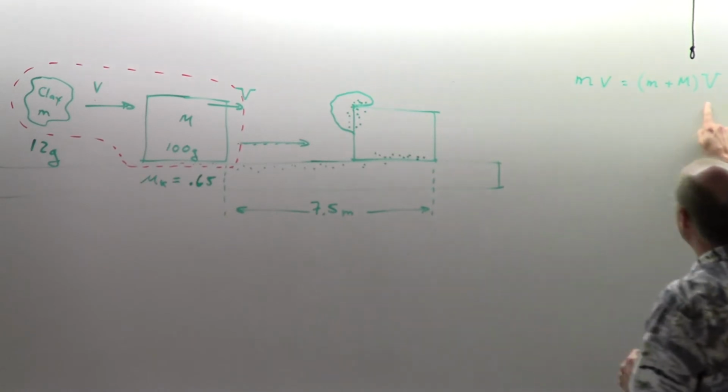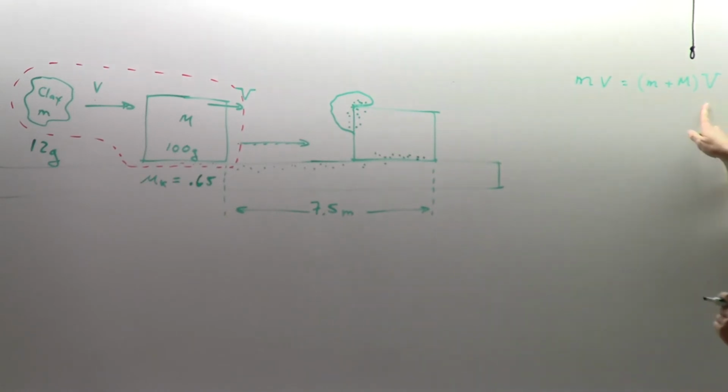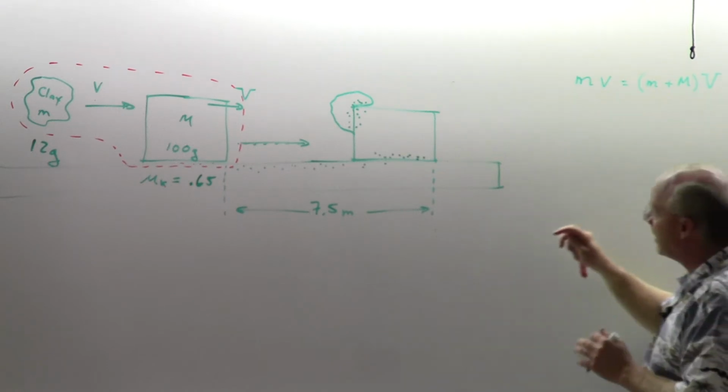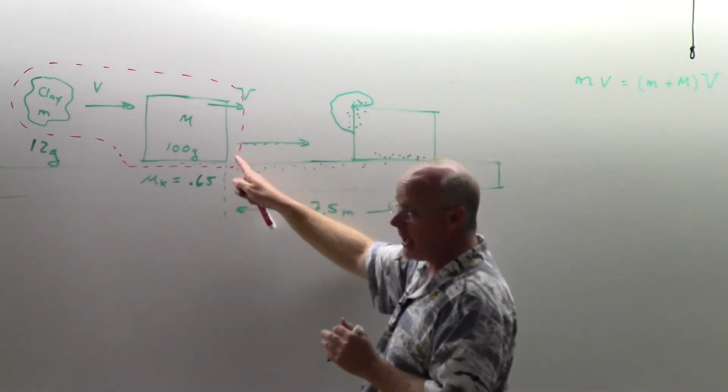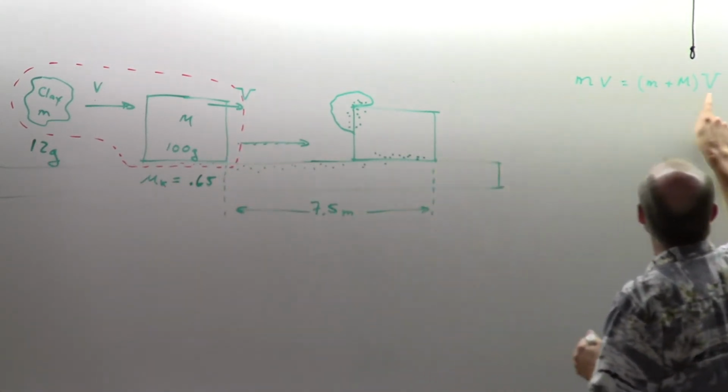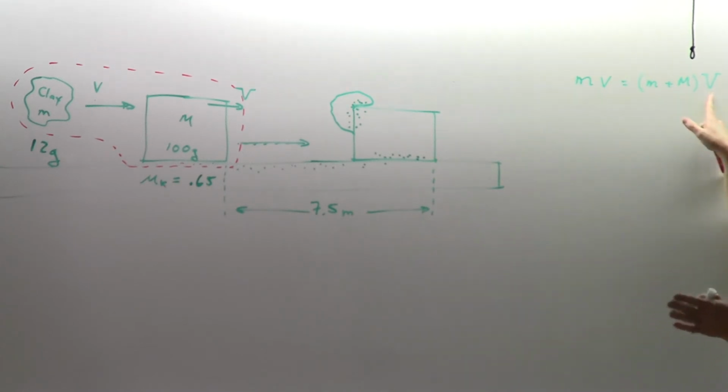So this is true, but only right after impact. Because then, as you are correctly getting from this, as it slides, this V gets less and less. And in fact, that's how I want to do my conservation of energy here.